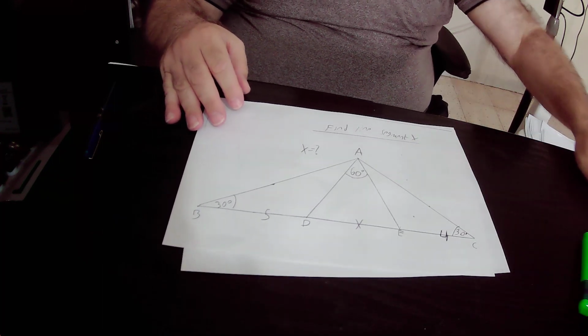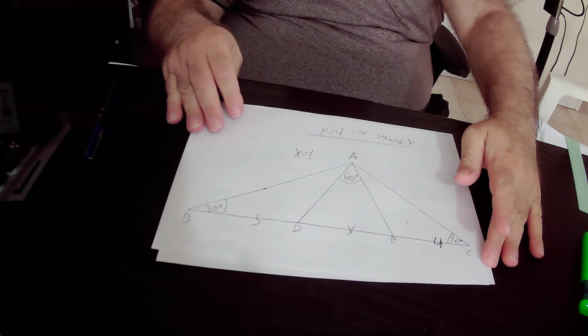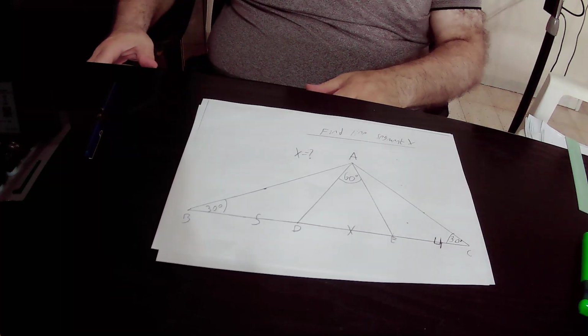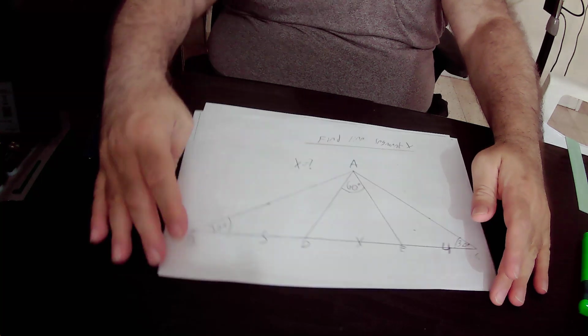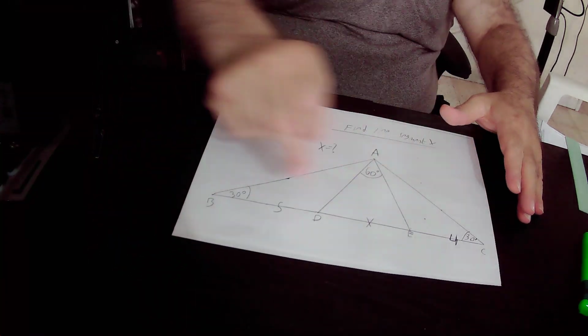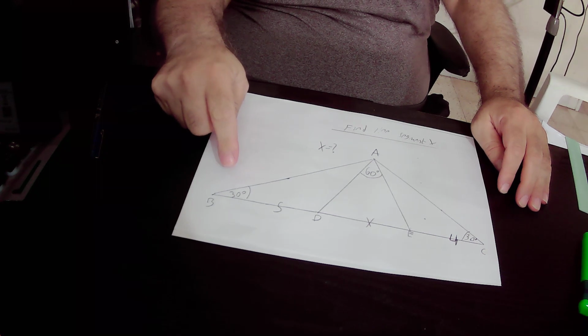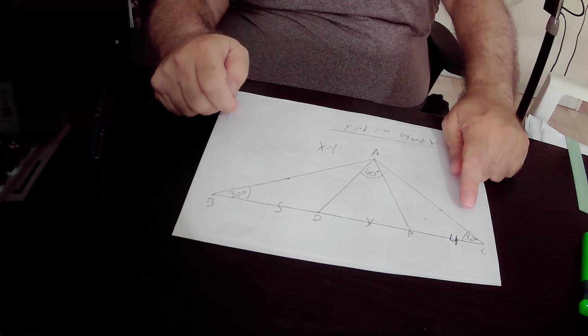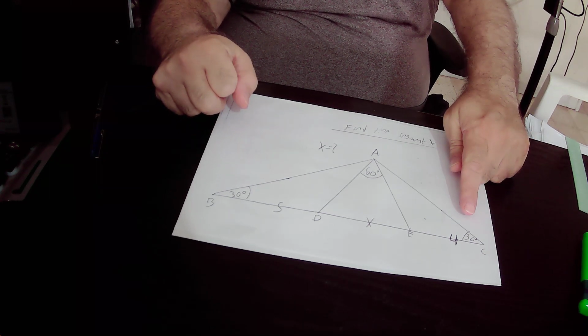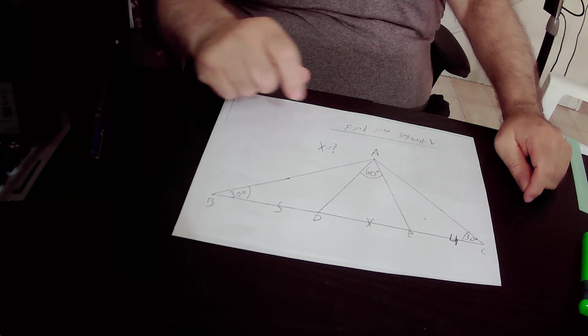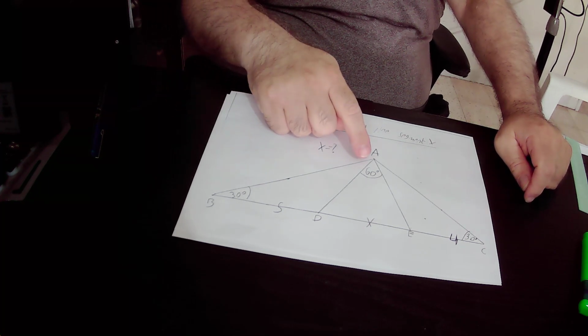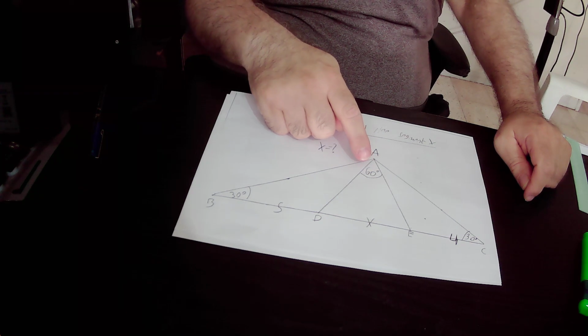In the drawing, we have a triangle ABC. Angle ABC equals 30 degrees. Angle ACB also equals 30 degrees. And angle TAE equals 60 degrees.